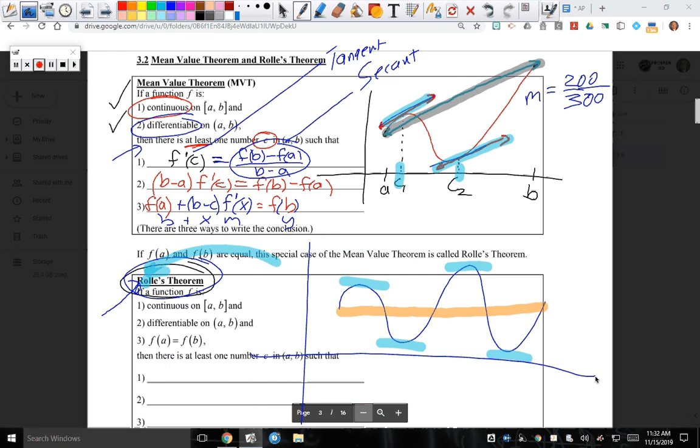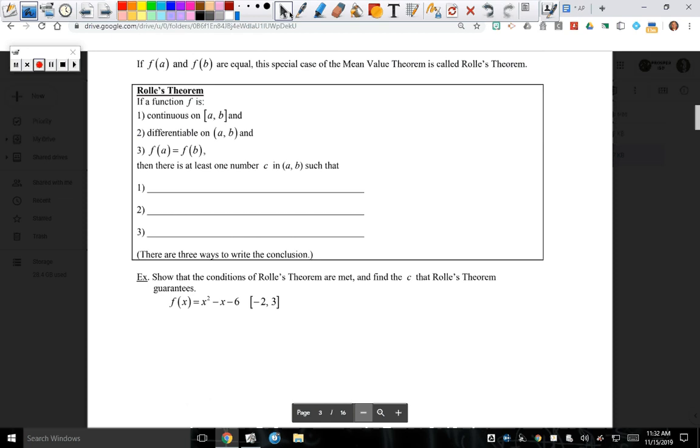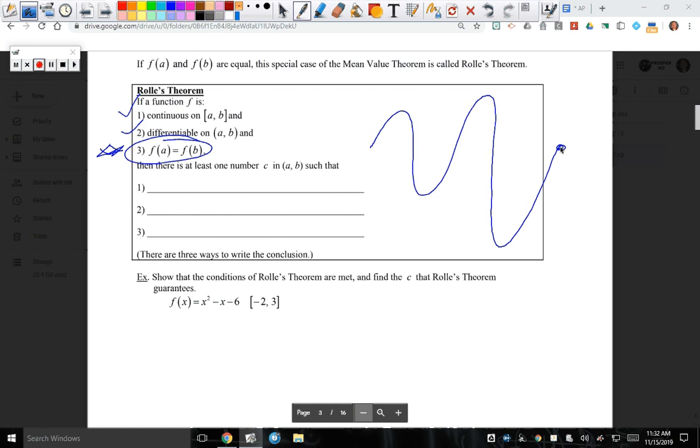So let's finalize this last piece. Then we're done. Still continuous. Still differentiable everywhere in between the endpoints. And here's the kicker right here. If the first endpoint is equal to the last endpoint as far as the y value, then there's at least one point where f prime of c will equal f of b minus f of a over b minus a.